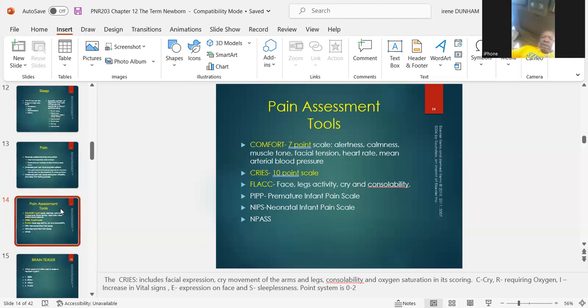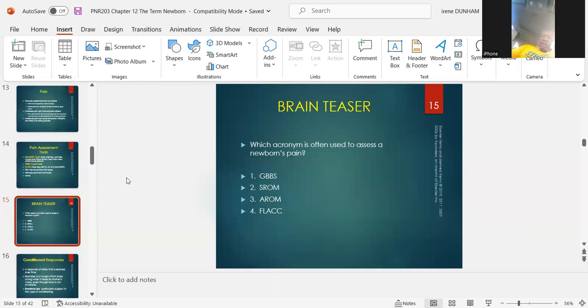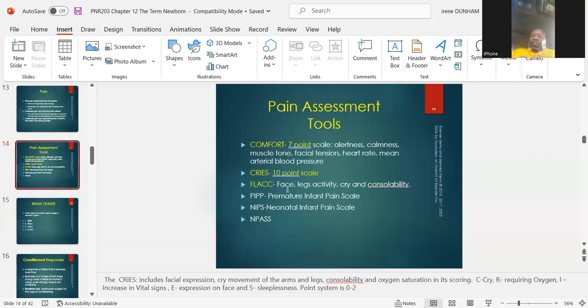Okay, so let me give you a brain teaser. Which acronym is often used to assess a newborn's pain? Which one do you think? It would be number 4, right? Number 4, FLACC. Yes, absolutely. And that stands for face, legs, activity, cry, and consolability; these babies are not consolable.